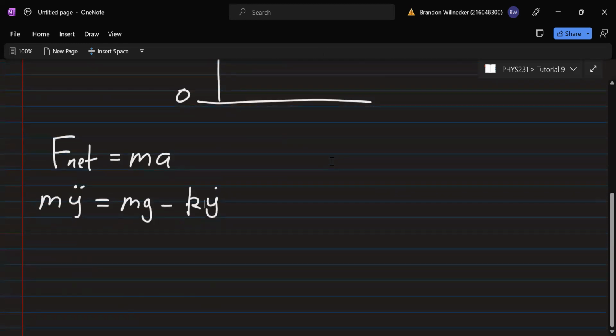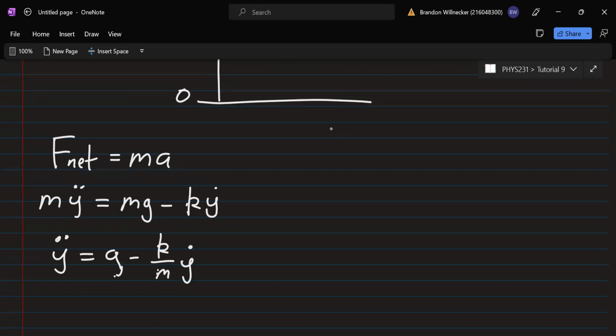Dividing through by m, we get y double dot equals g minus k over m y dot.